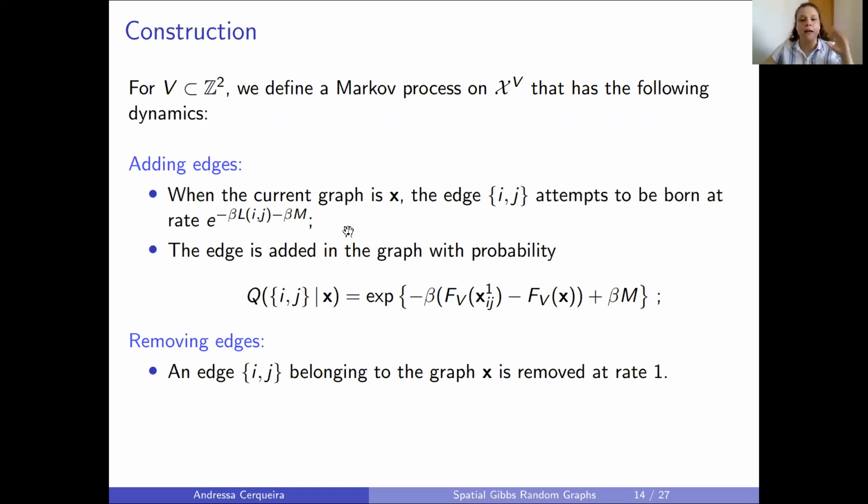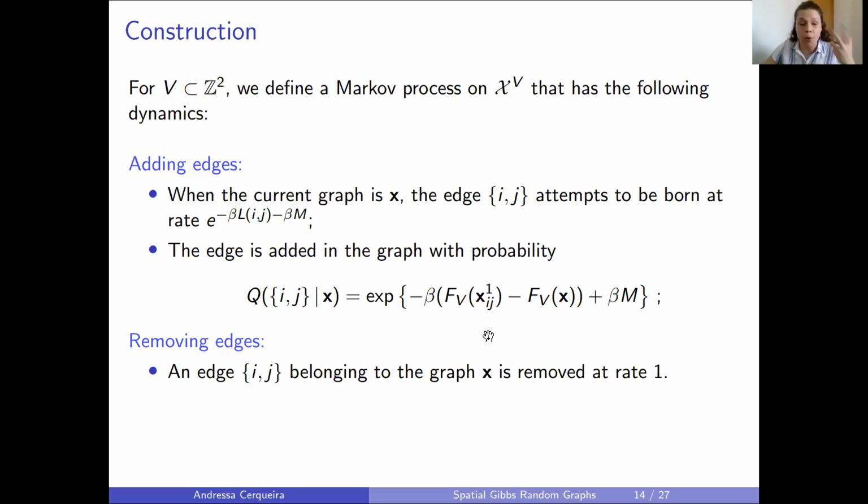The edge i, j will say, hey, I would like to be added to the graph. But I will say, no, we will only add it with this probability that will depend on the current configuration of the graph. This probability to add this edge is given by the difference between the f functions and also the lower bound.